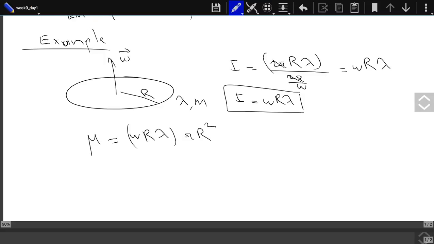What is the direction of this magnetic dipole moment? In the direction of omega, right? This is the direction of rotation, the direction that my current is running, and we had defined the direction of the magnetic dipole moment using our right-hand rule: curl your fingers in the direction of the current, and your thumb points in the direction of the magnetic dipole moment. So we can also write this as omega vector times pi lambda r cubed.